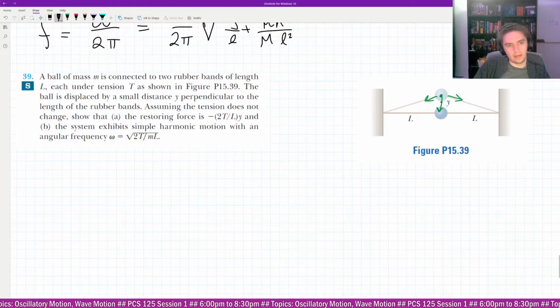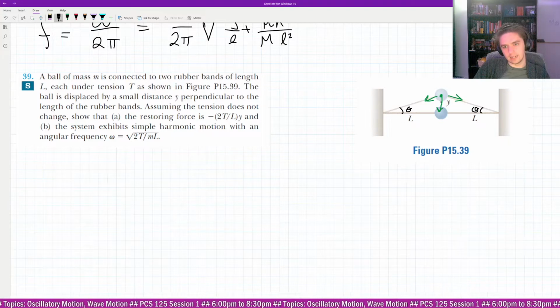So I think they set a small distance y here because they want this to be a small number so that this angle is a small angle. That's just a hunch. So let's see if that is helpful. So what's the force acting here? Well, it's the force of tension, which is T. The force doesn't change.